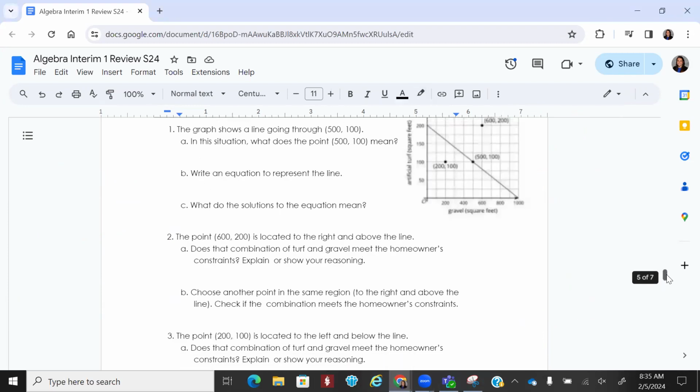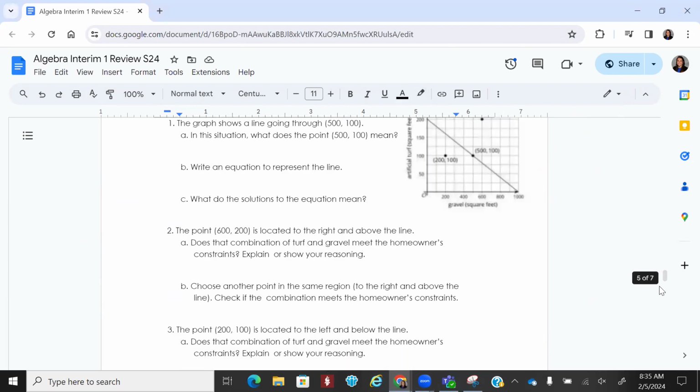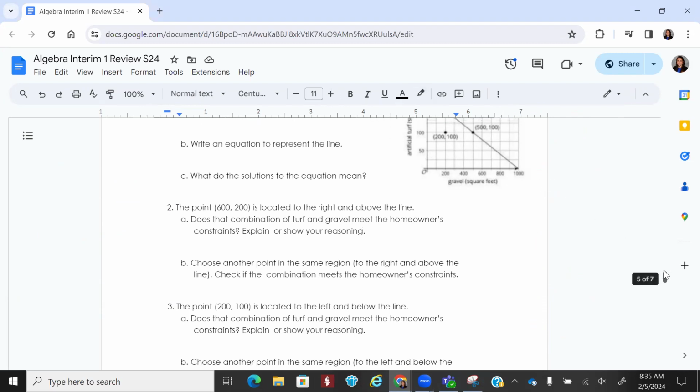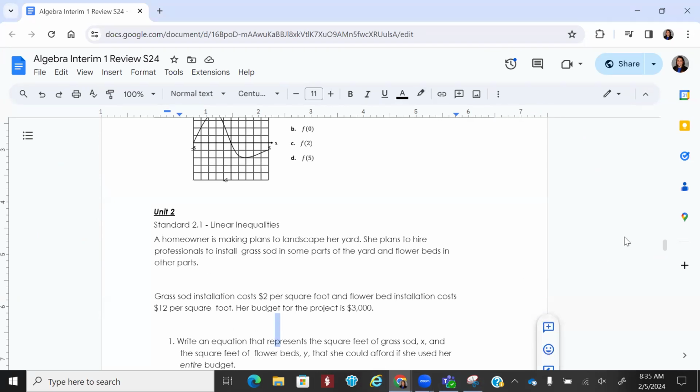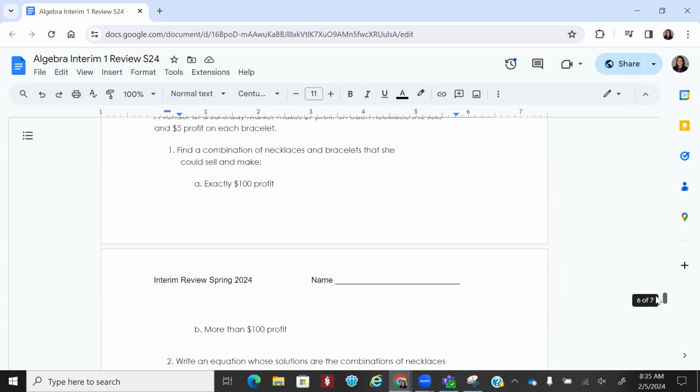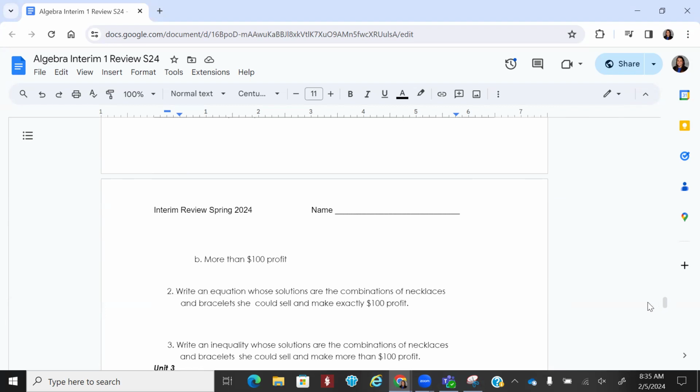There's at least 3 questions about linear inequality. Writing them, plotting them, like showing the graph. The graph part should be easy, but I understand people struggle with that sometimes. So right now, I'd like for you to do unit 2 and kind of work through these problems. And then tomorrow, we're going to talk about it very, very quickly because we got a lot to do.